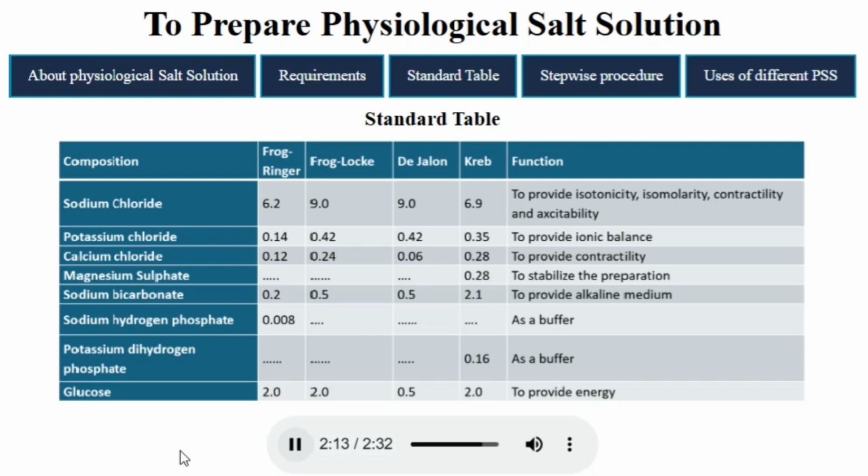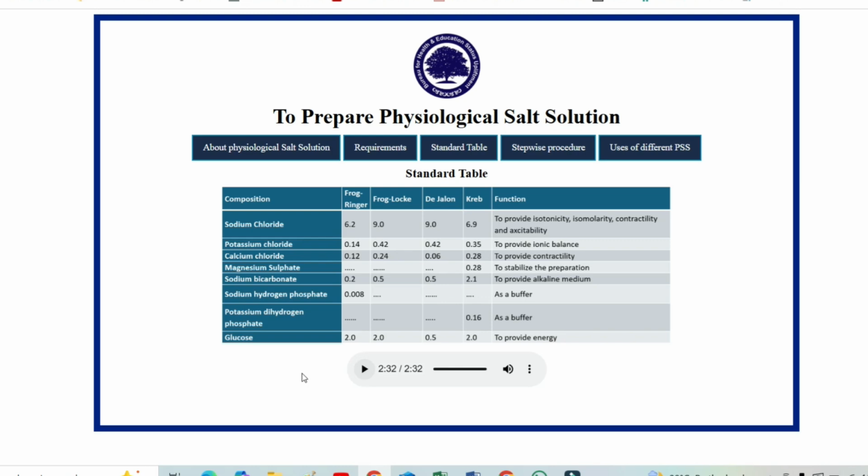Function: as a buffer. Composition: glucose. Frog Ringer 2.0. Frog Locke 2.0. De Jalon 0.5. Krebs 2.0. Function: to provide energy. So this was the standard table, and this chart you can take a screenshot and also you can fix this in your lab, so that you can easily prepare the solution by seeing these compositions.